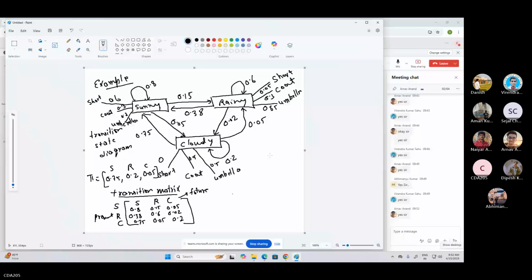Okay, emission matrix. So emission matrix you can see. Short, coat, umbrella. Sunny, rainy, and cloudy. It is 0.6, 0.3, 0.1, 0.05, 0.3, 0.65, 0, 0.5, 0.5. इसकी probability 1 होगी, 1 probability होगी, 1, 1 and 1.